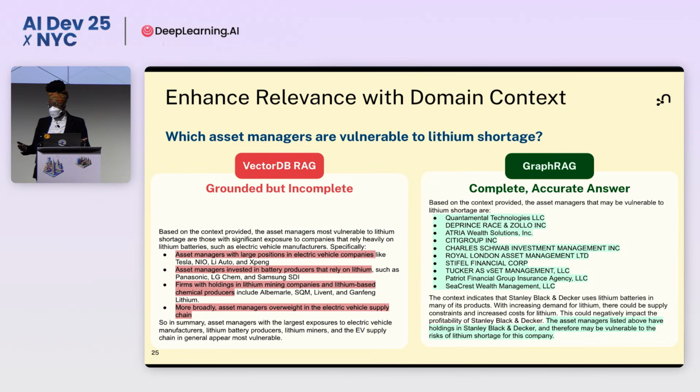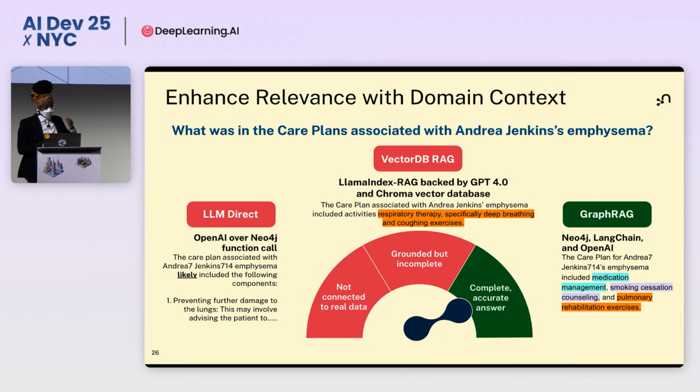Graph-based context was able to traverse specific nodes and edges and connect the dots. It understands which companies are using lithium, identifies which asset managers hold positions in those companies, and then reasons across that to produce traceable, accurate risk profiles.